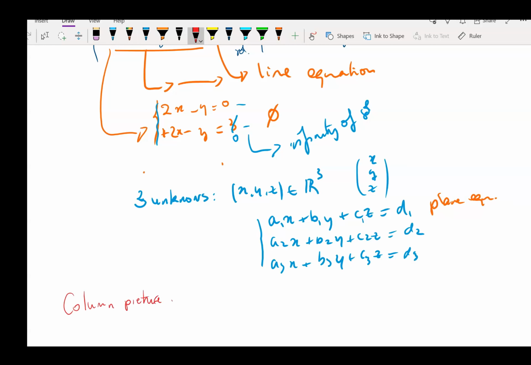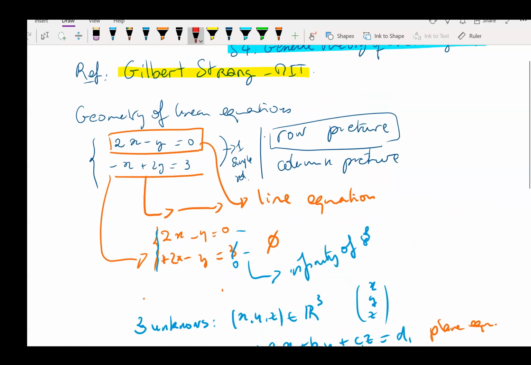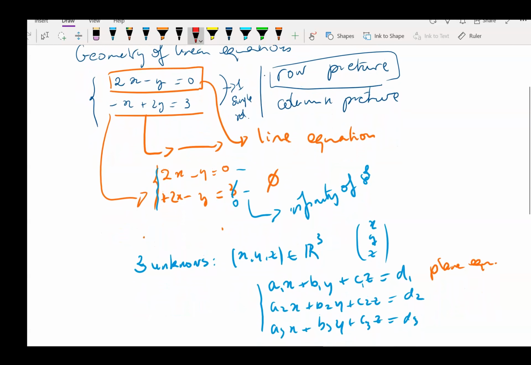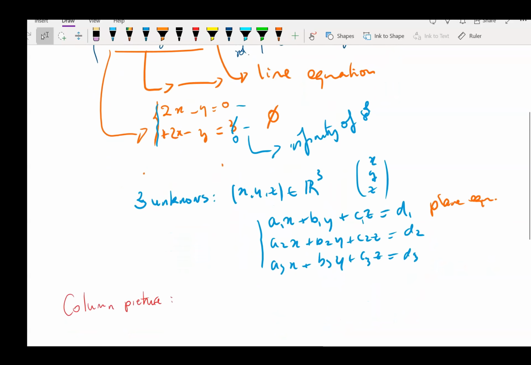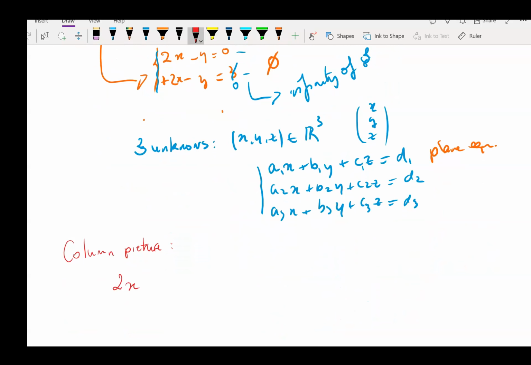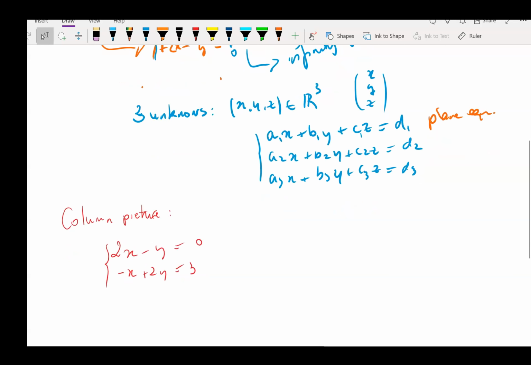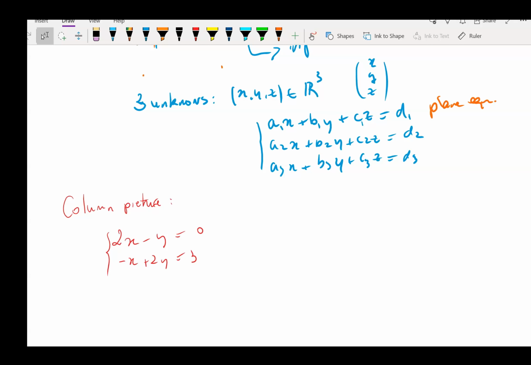So what do we mean by the column picture? Let me go back to my original system of two equations: 2x minus y is equal to 0, and minus x plus 2y is equal to 3. As you know, I can represent those x, y as points in R2 or vectors in R2.